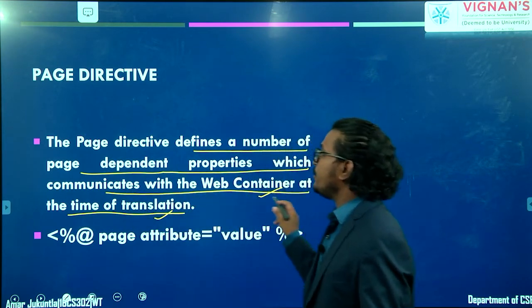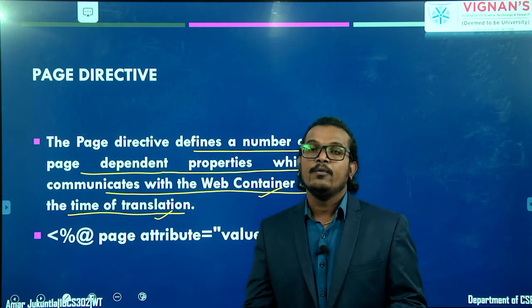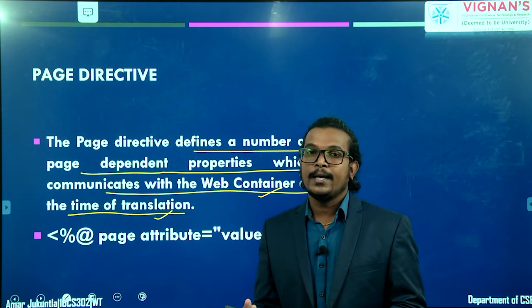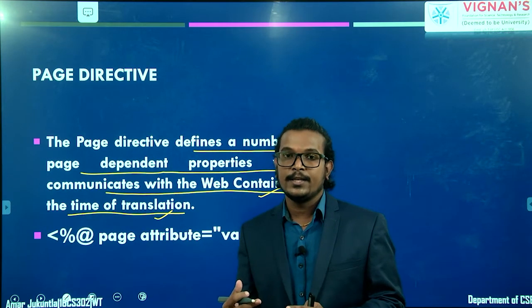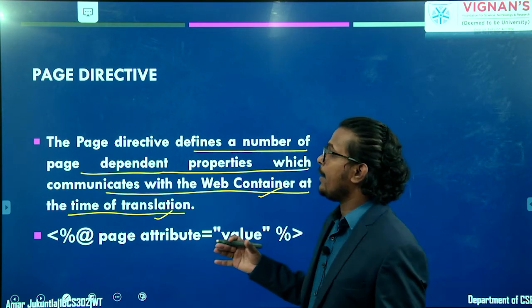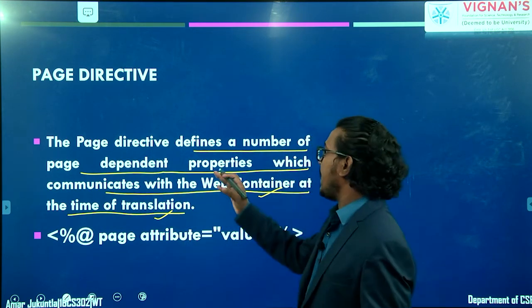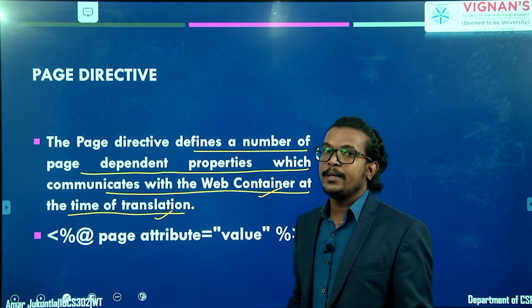These properties communicate with the web container. We are communicating with the web container at the translation phase. There we define the parameters that are required; all those parameters we define here.